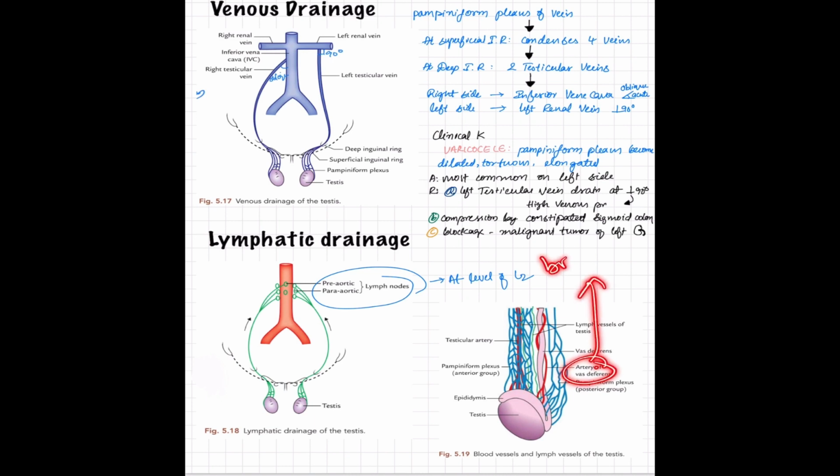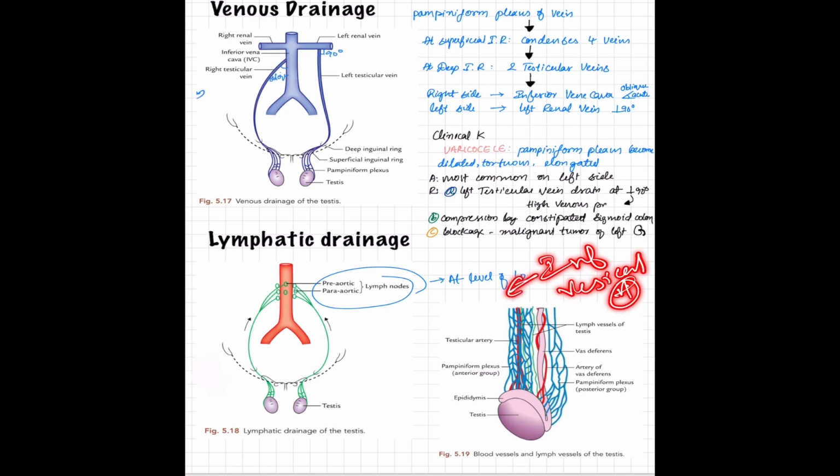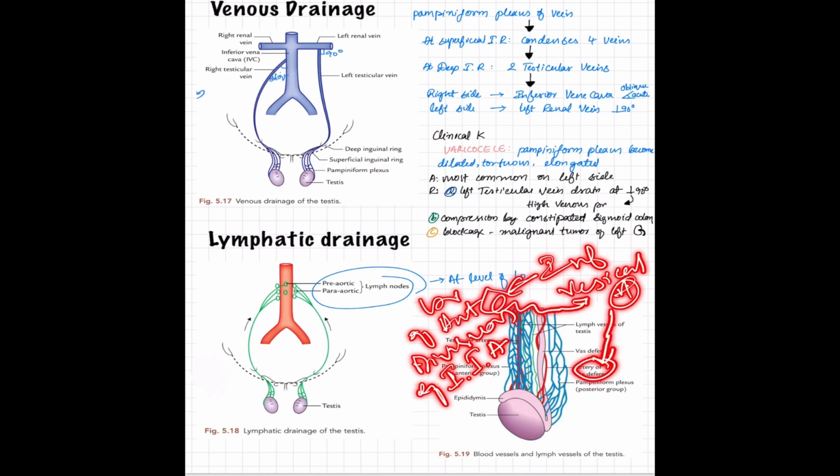Actually, it is a branch of the inferior vesical artery, which is a branch of the anterior division of the internal iliac artery. This will give a branch to the artery to the ductus deferens.